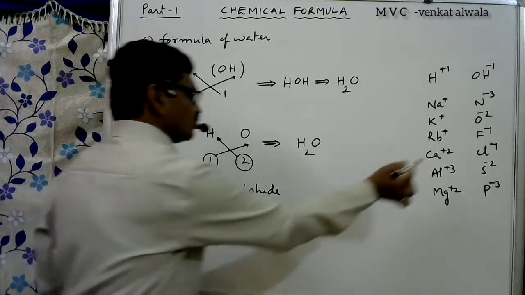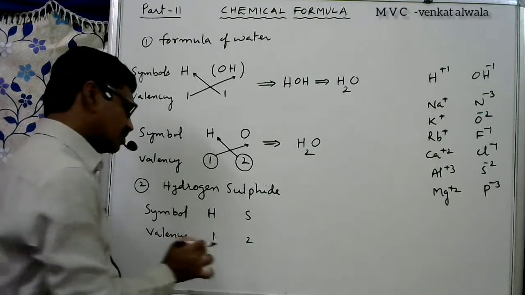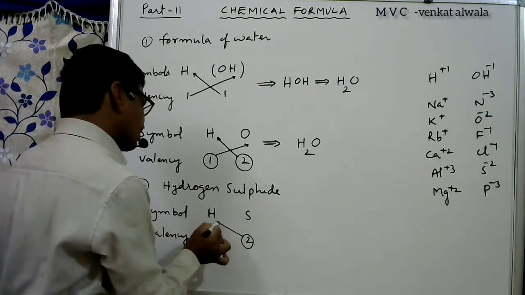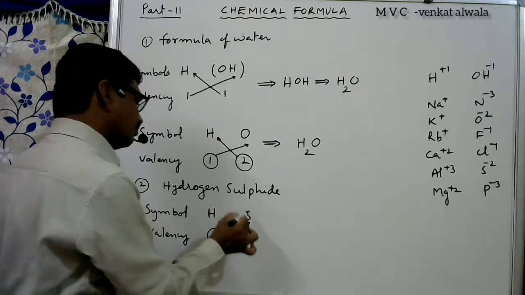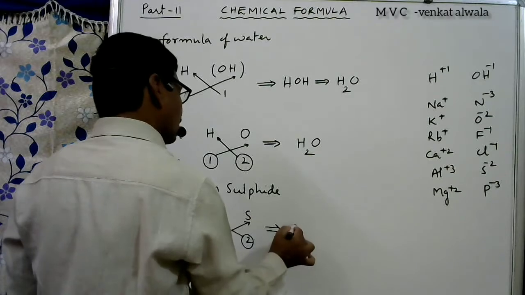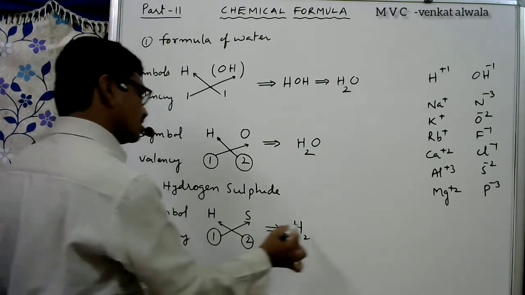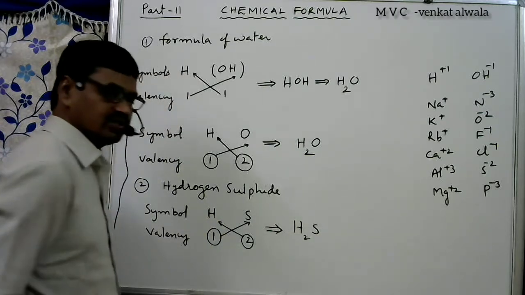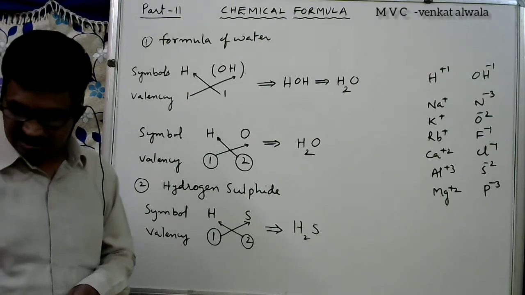Its valence is minus 2, but here I write 2 only, because valence is just a number. This one valency we write at the bottom side of sulfur. Below hydrogen we write 2 by crisscross, and sulfur 1: H2S. The hydrogen sulfide formula is H2S.